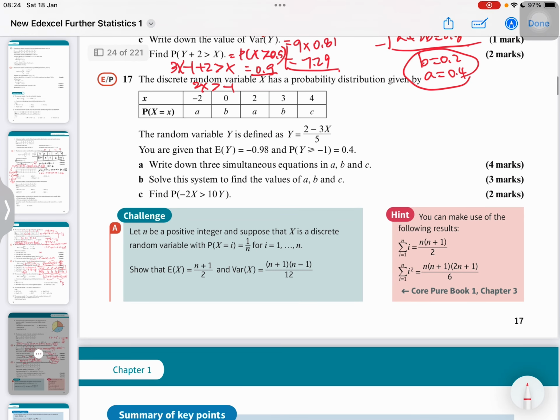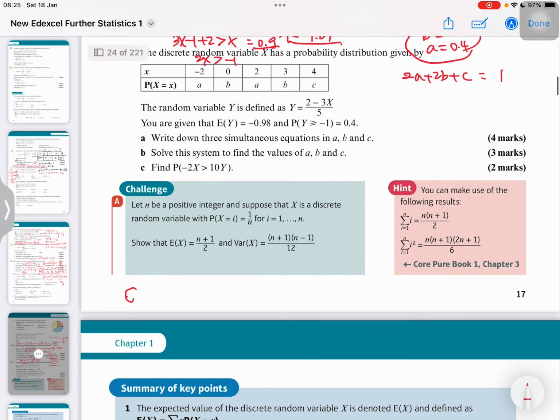Number 17, we have a random variable y defined like this. E(Y) is negative 0.98. The probability that y is larger than negative 1 is 0.4. Okay, 3 simultaneous equations A, B, C. So 2A plus 2B plus C should be 1. And E(Y) is 1 over 5, 2 over 5 minus 3 over 5 E(X), equals negative 0.98.